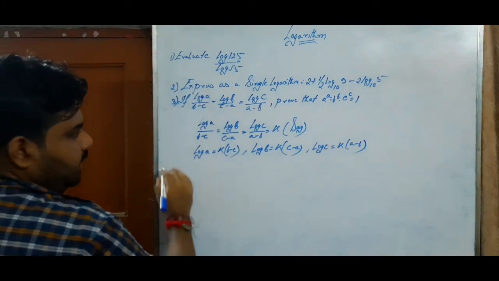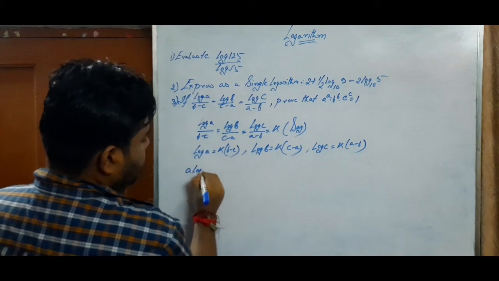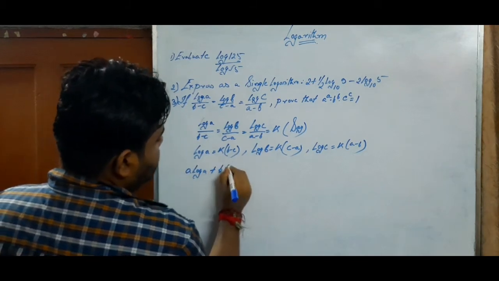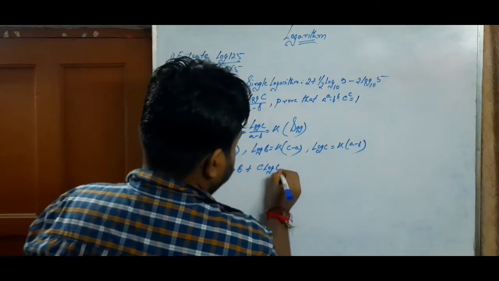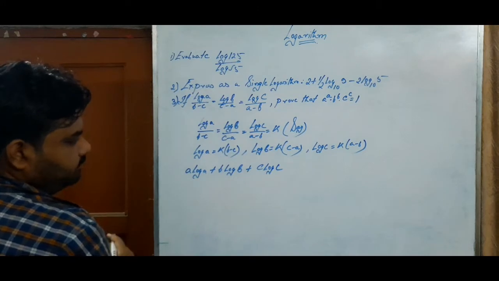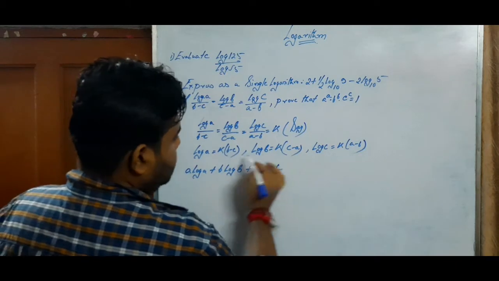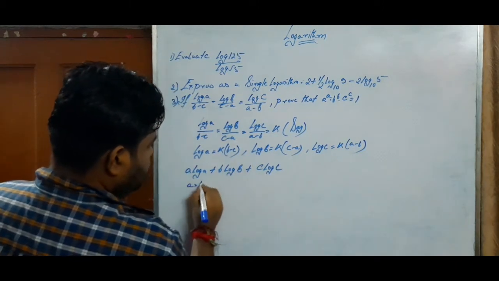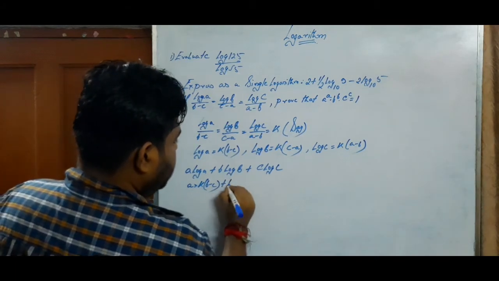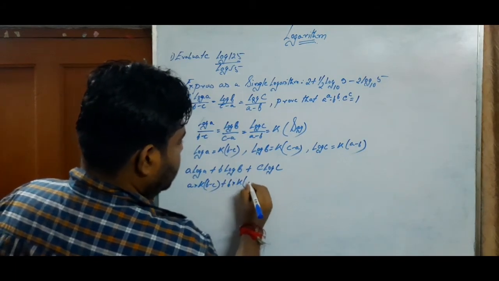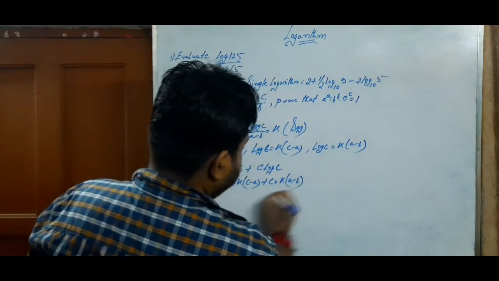Now if I write a log a plus b log b plus c log c, that is a into k into b minus c plus b into k into c minus a plus c into k into a minus b.